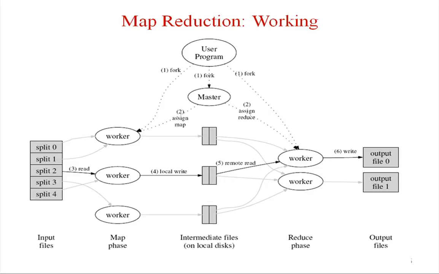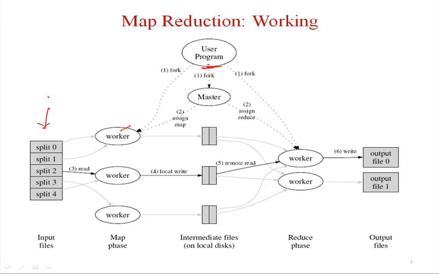This is a simple MapReduce working example. Here the document collection or input files are split into 5 sets, and workers are assigned for each step. There is a user program and a master control which assigns tasks to different computers or clusters.